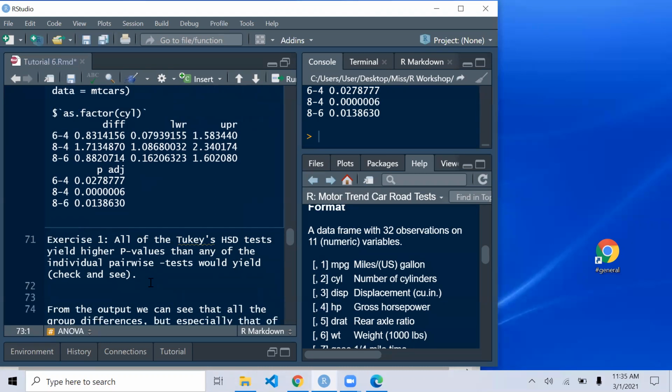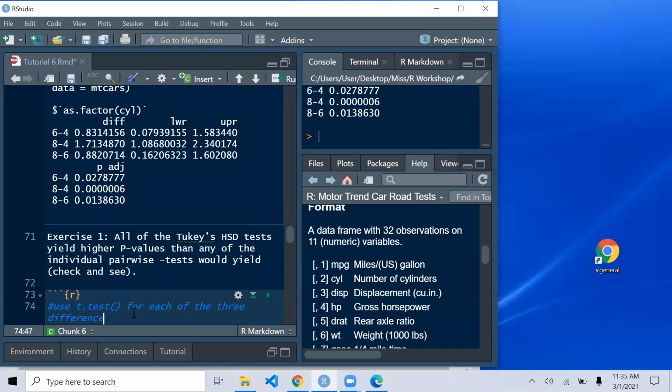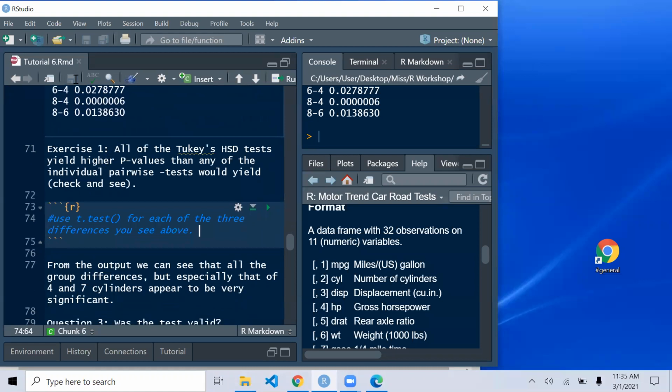Just have a look and use the t-test function, and check and see. For each of the 3 differences, you'll see that the p-value will be smaller than what you got with the Bonferroni correction.